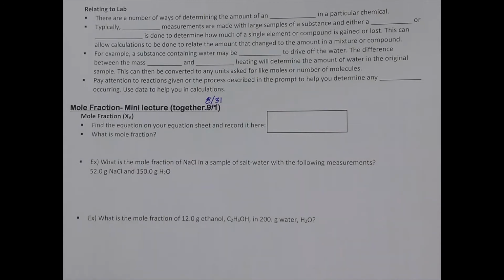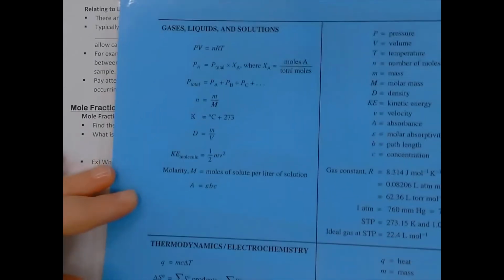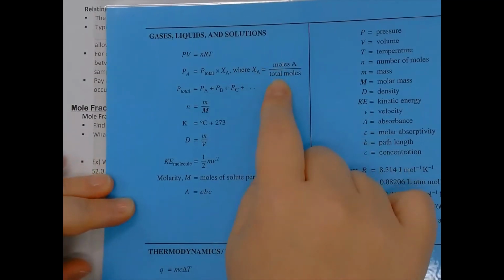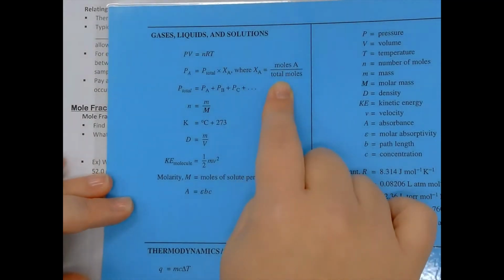Oh, it's at the front. Oh, did you find it? The mole fraction. Oh. No, I didn't find it. Which section did you find it in? Yep, gases, liquids, and solutions. It's on the back. Right. It is this guy right here. Oh, there it is. It's in a weird spot.